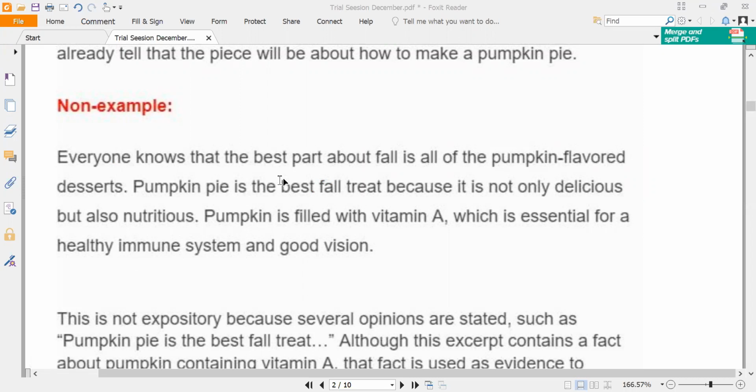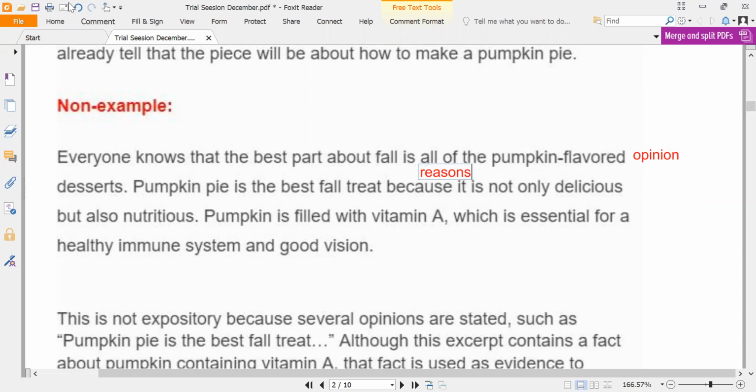Is this an opinion? Yes, this is an opinion. Next line: pumpkin pie is the best fall treat because, is giving here what? The reason. Exactly. So this text consists of opinions, reasons, and suggestions.